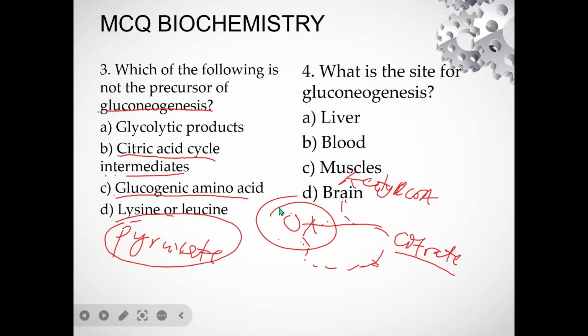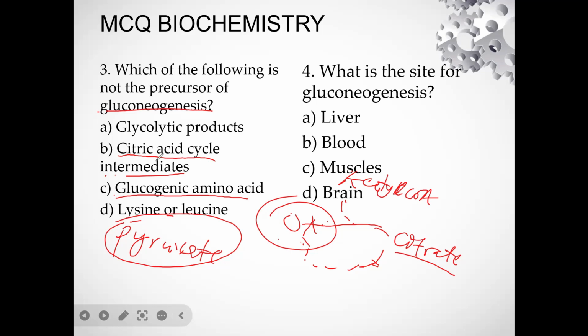Even from the word gluconeogenic or glucogenic, it means that there are amino acids that can synthesize glucose. So we can simply understand that a gluconeogenic amino acid is an intermediate, precursor, or substrate of gluconeogenesis. Examples of glucogenic amino acids are alanine and glycine.